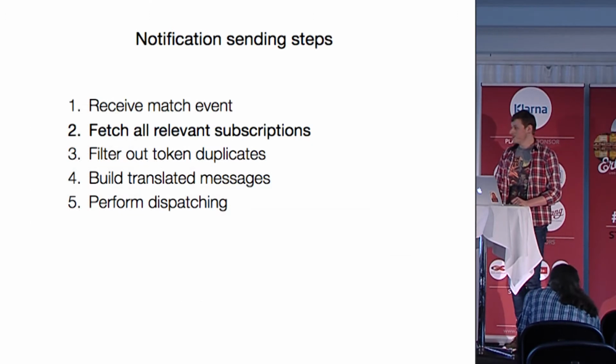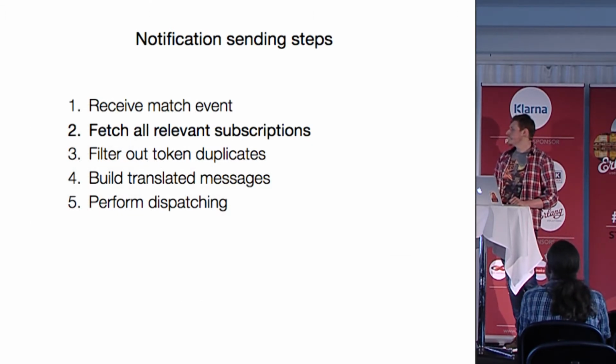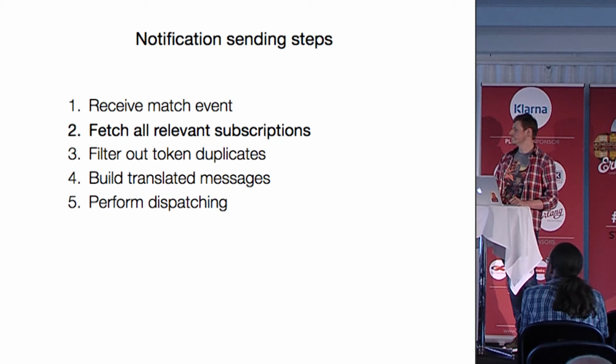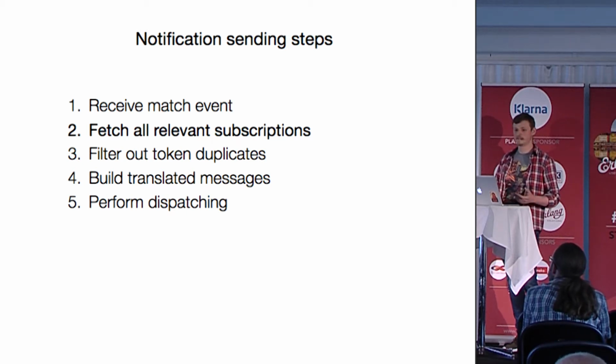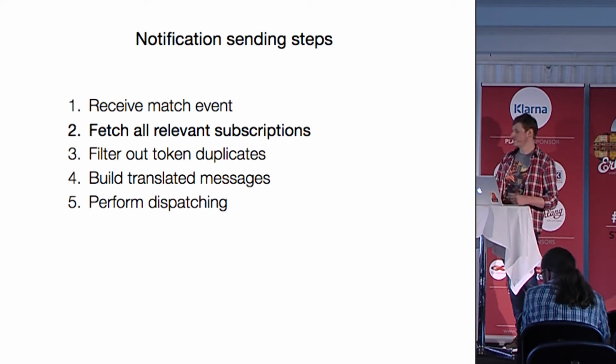That's why the steps when we send notifications look like this. At first, this notifier on the right side receives a match event. Then we fetch all available notifications for this event.